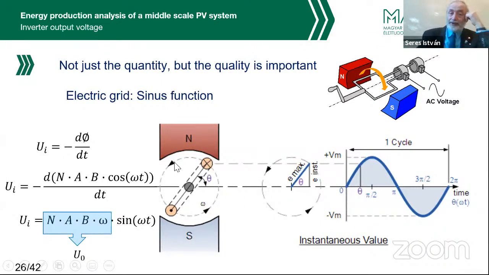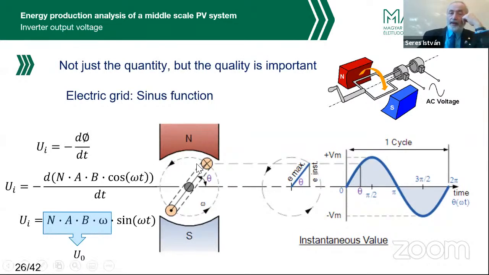In the generators, we are rotating coils, and in these rotating coils, the flux is changing continuously. We can write the magnetic flux of this coil, and as it is rotated, the time derivative of this flux will give us the voltage.